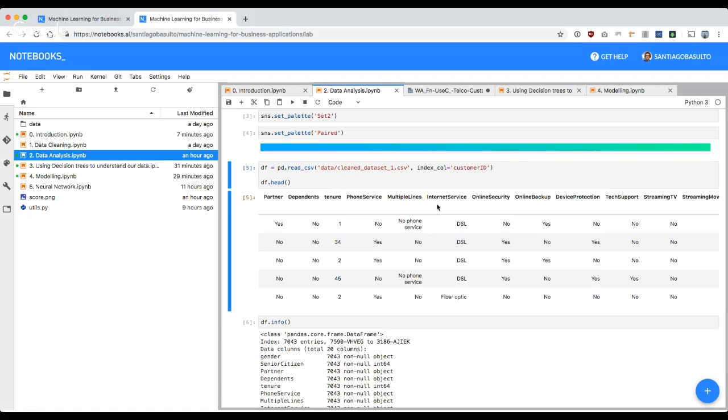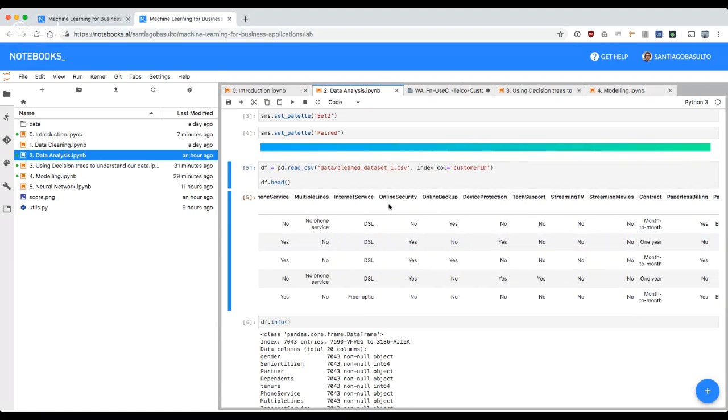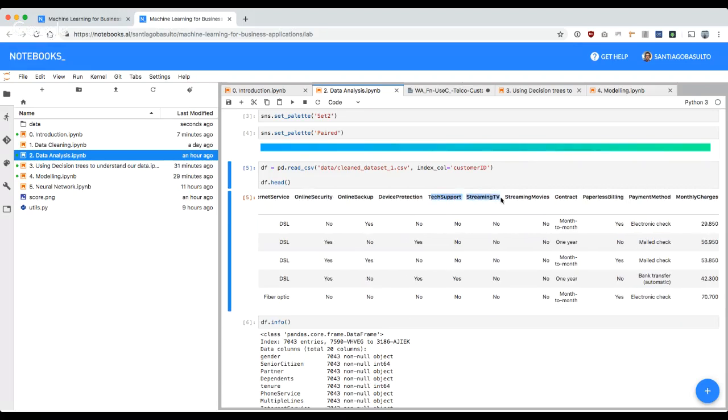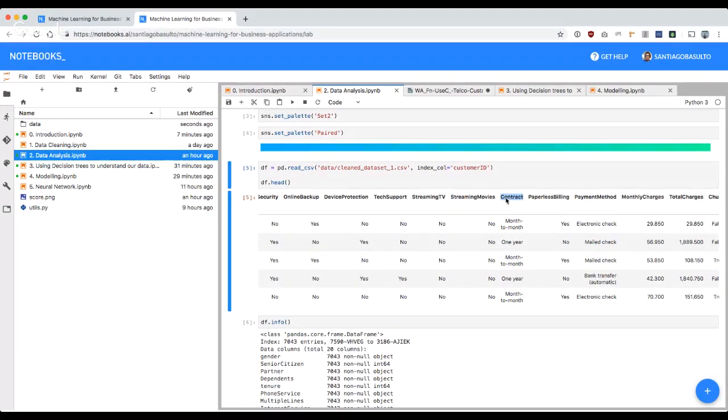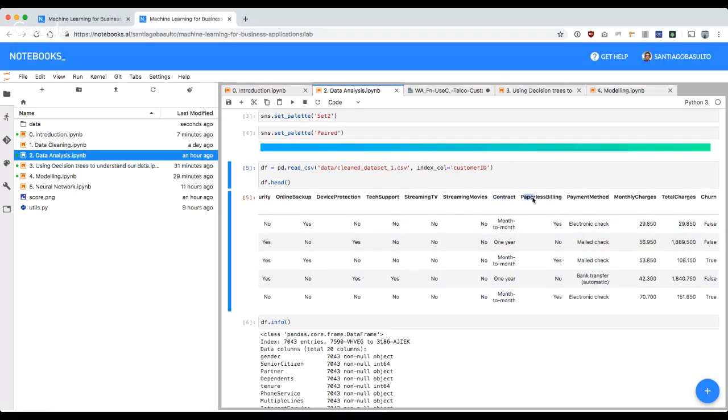So think AT&T, T-Mobile, those are the kinds of customers that we are analyzing. So again, these three features: online security, backup, or device protection. Then whether they are asking for tech support, whether they have subscribed to streaming TV or movies, the type of contract, month to month, 1 year, 2 year, whether they have signed up for paperless billing, and the payment method they have chosen, electronic check, mailed check, etc.